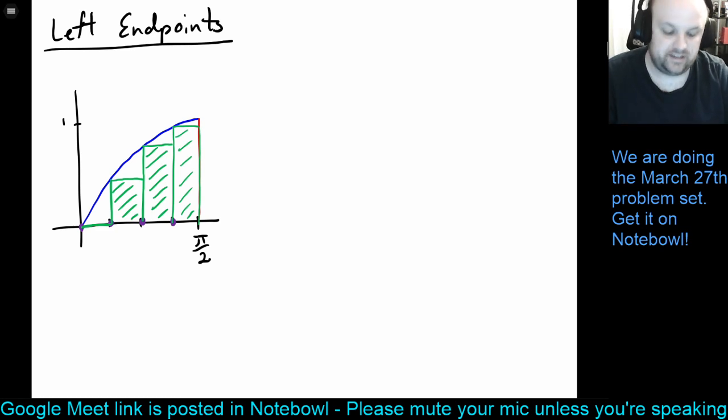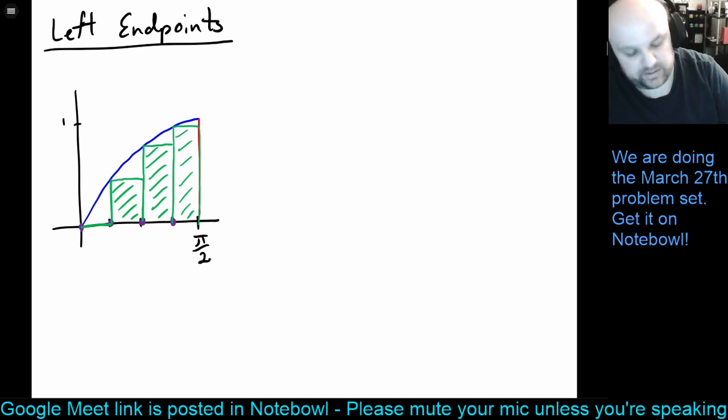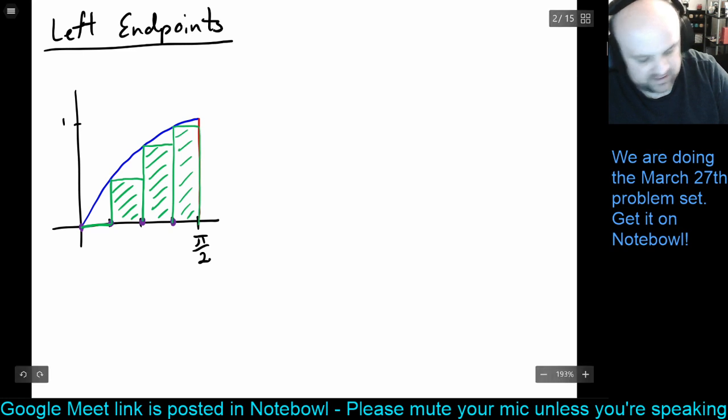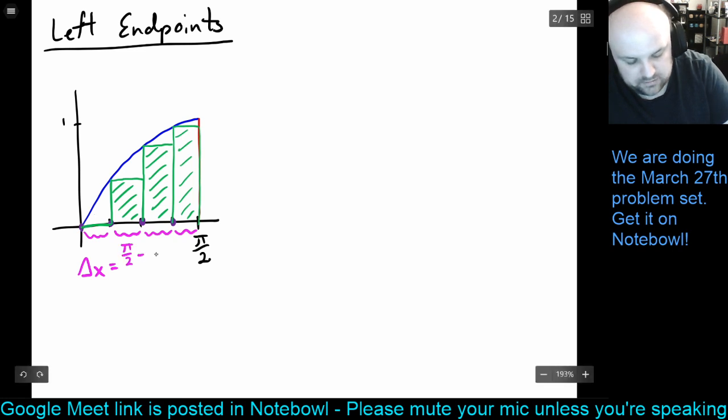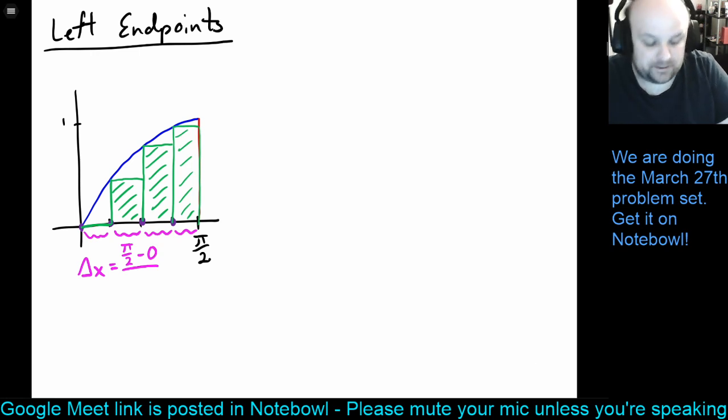Now let's actually add up the areas of all of these rectangles. So again, to get the width of these rectangles, what is this width each time? Well, the width, again, is delta x, which is b minus a, the ending point minus the starting point, so pi over 2 minus 0, divided by however many rectangles we want.